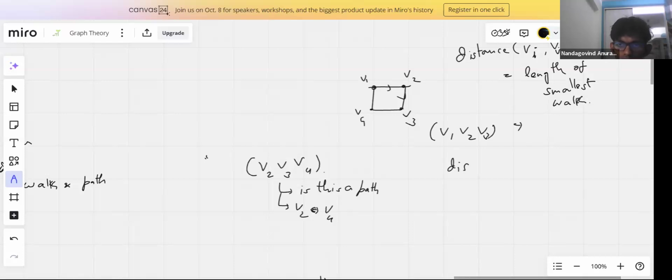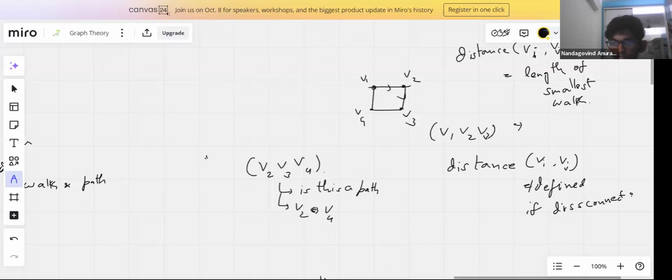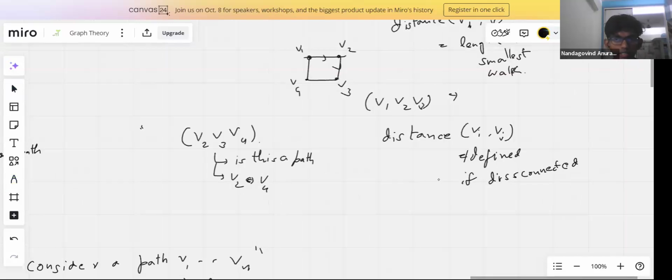If you have two disconnected points, we say that the distance is not defined.